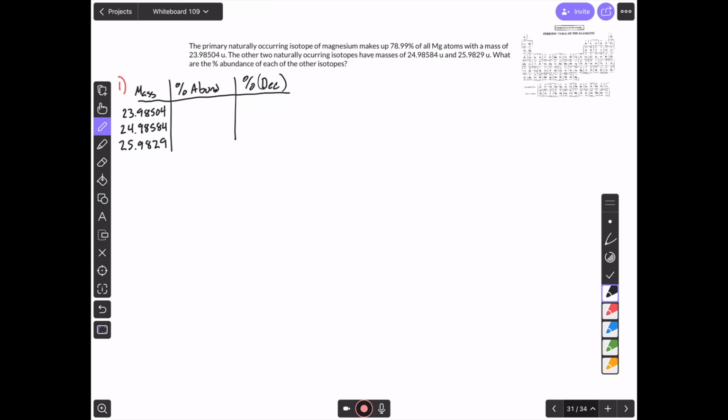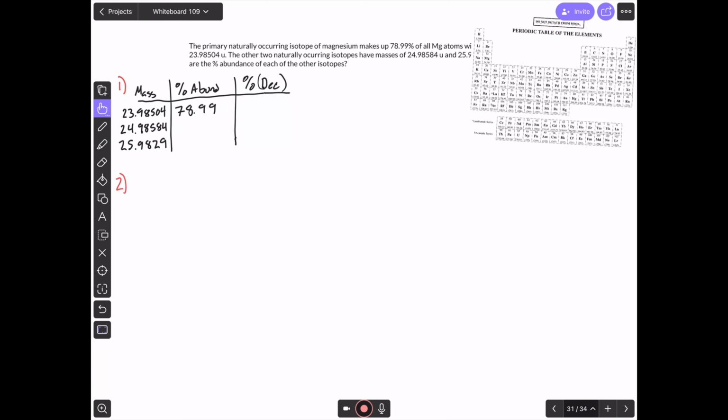We only have the percent abundance for the major isotope, the 23.98504, and that is 78.99. Great, so we've written out everything the problem tells us. Now the other thing is to write out stuff that we might need that we don't know. That's step 2. Since it's an element on the periodic table and we can get its average atomic mass, you can almost always bet that we're going to need that.